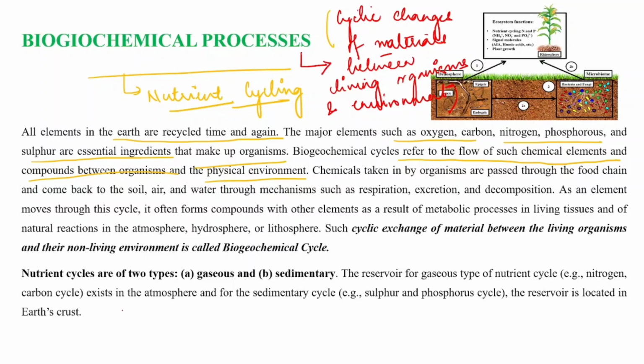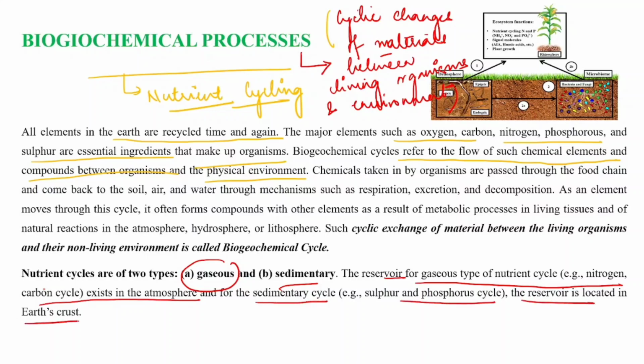Clear? So here nutrient cycles are of two types, gaseous and sedimentary. The reservoir for the gaseous type of nutrient cycling, the nitrogen and carbon cycles, exists in the atmosphere, and for the sedimentary sulfur and phosphorus cycles, the reservoir is located in the earth's crust.